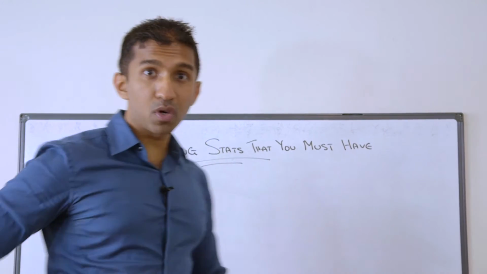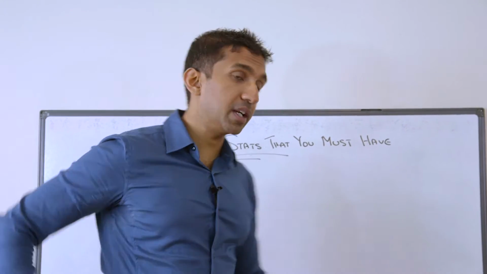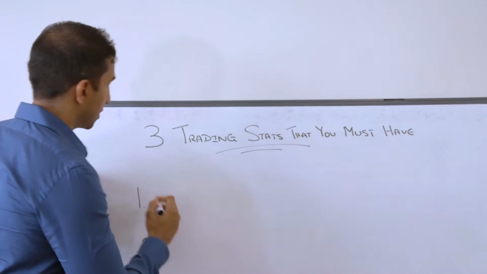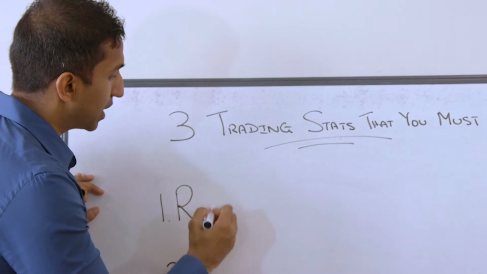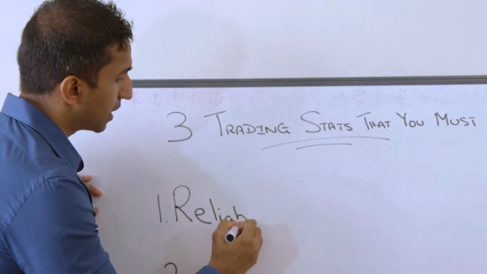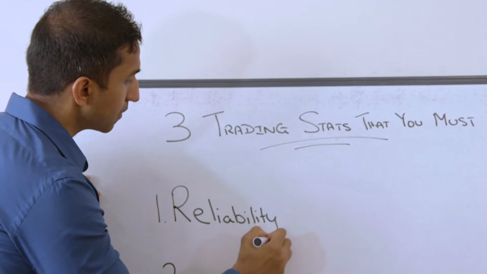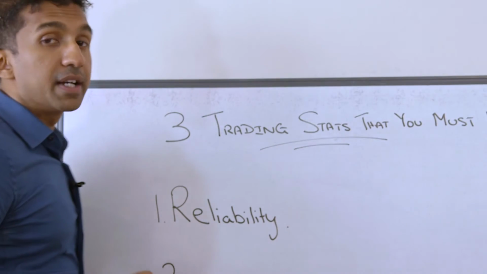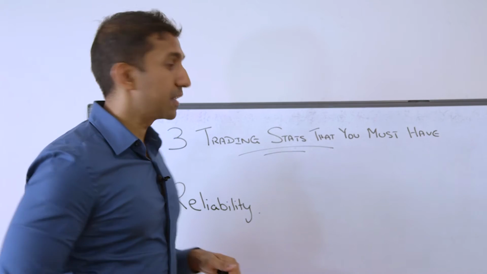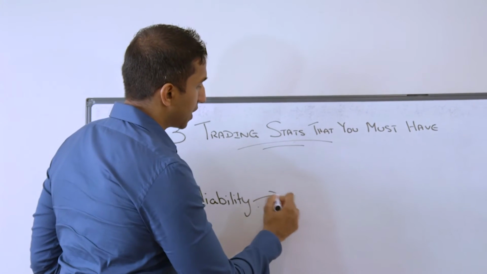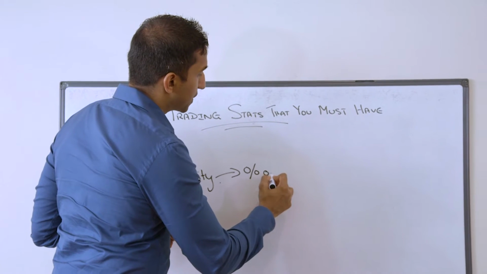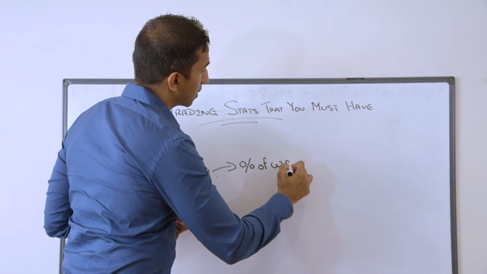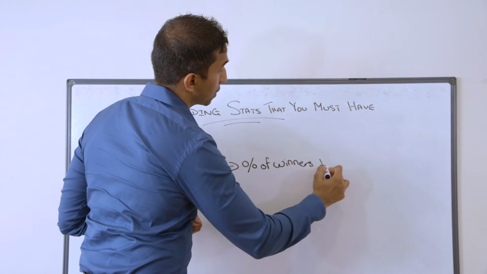Now the first one that we are looking at starts with R, and you guys would probably have guessed it by now. It's called reliability. What do we actually mean by reliability? It's very simple. All we're asking about here is the percentage of winners to losers.